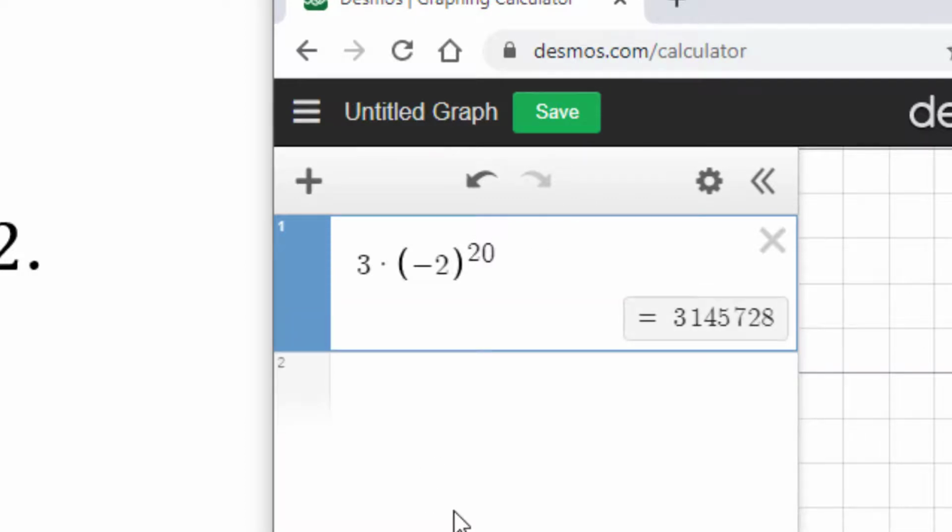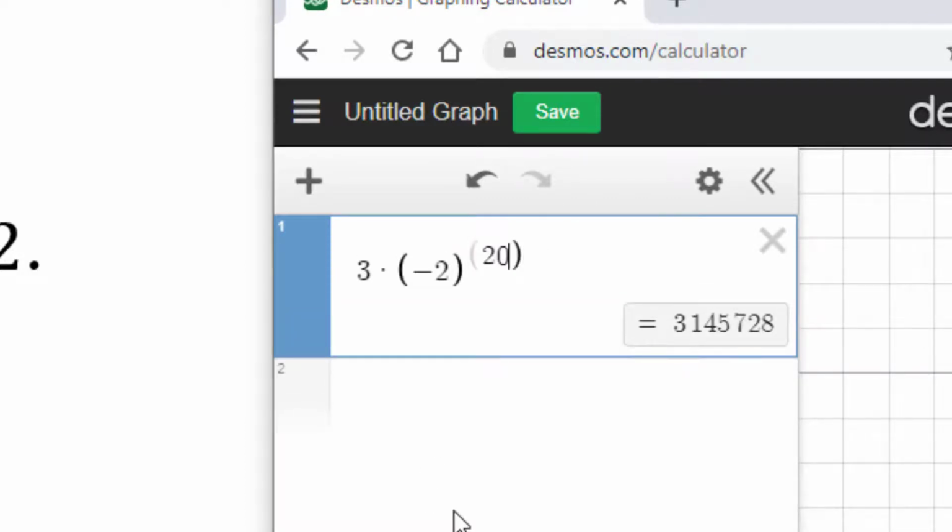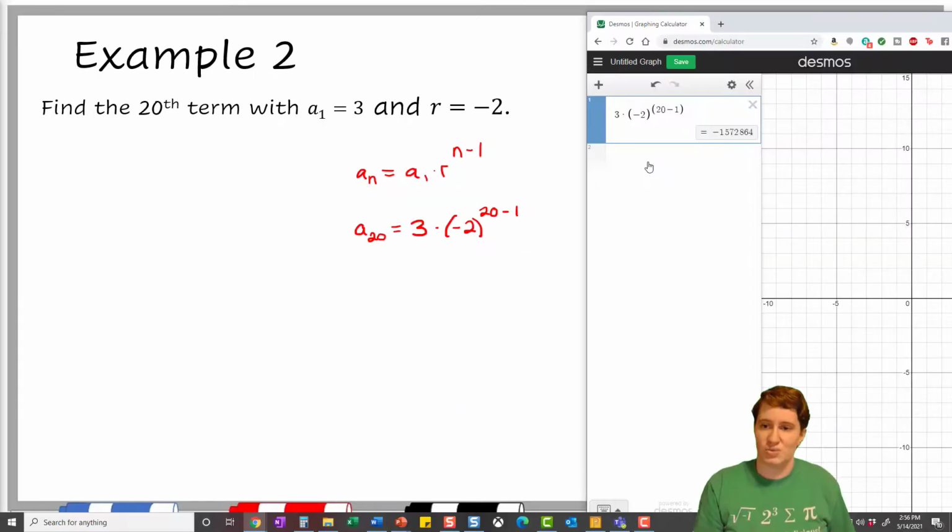So for Desmos, we need parentheses around our exponent, because I think Desmos thinks it's much more likely that you would want to have the -1 out to the side than in the exponent. I don't know what that's about, but it's really important, since our calculators these days are all about making it look like what we're writing, that you make sure it actually looks like what we're writing. That -1 should be up in the parentheses. Or just use 19 instead, whichever.